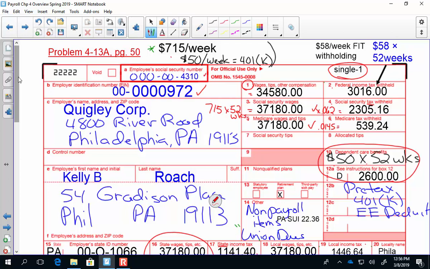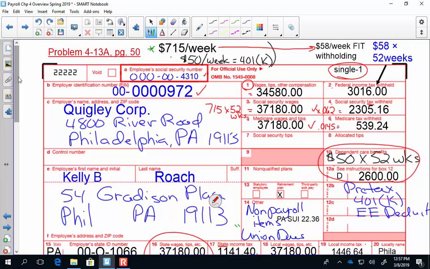Also, deducting $50 a week for a pre-tax 401k plan, and that will be reported in box 12A. Also, we have to figure out, based on this wage, we're going to use the bracket tables in Appendix T, the table at the back of the book.